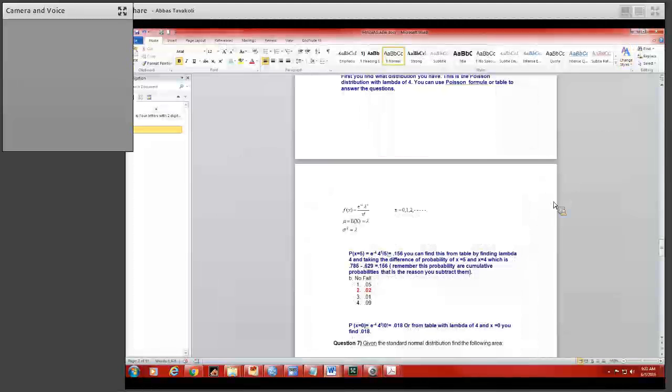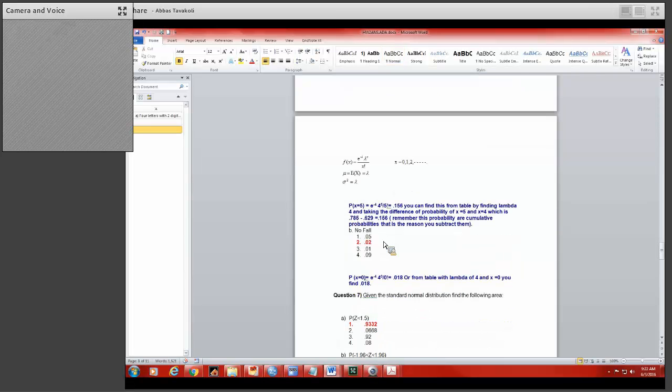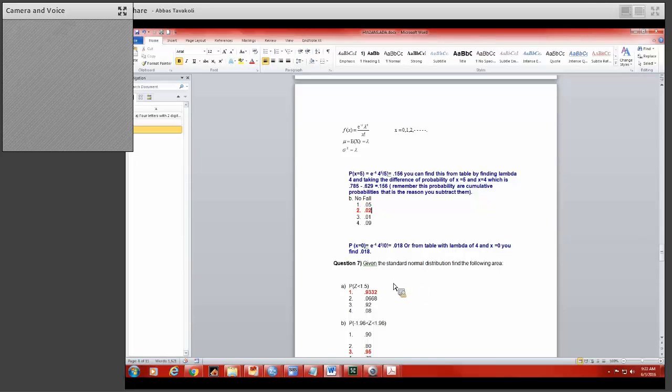Some tables actually give you the value, but some you have to subtract it. So basically, there are 2 ways you can calculate that. That was the Poisson distribution again.